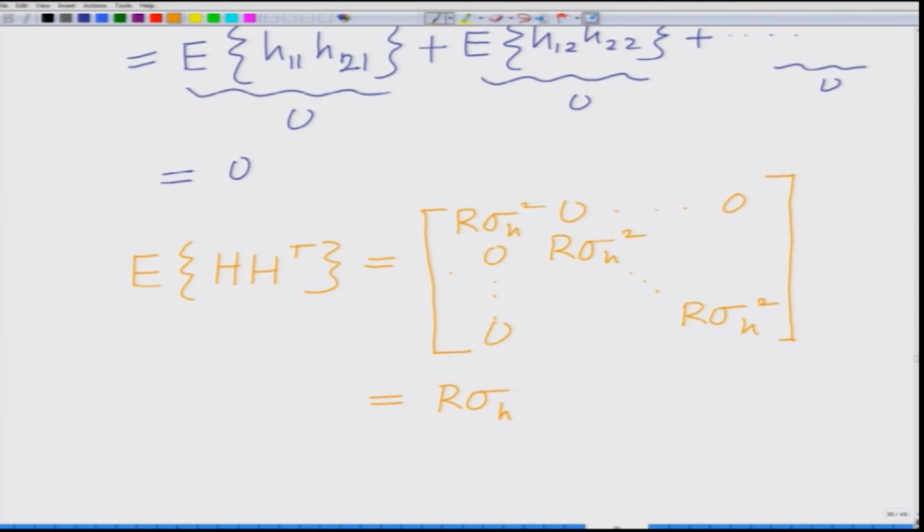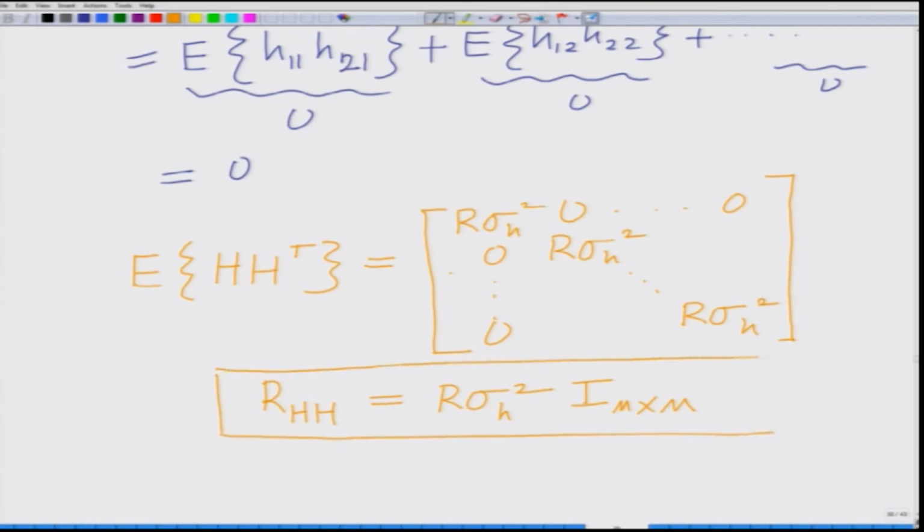This has the structure R sigma h square times the M cross M identity matrix. This is your R_HH, the covariance matrix of the channel.